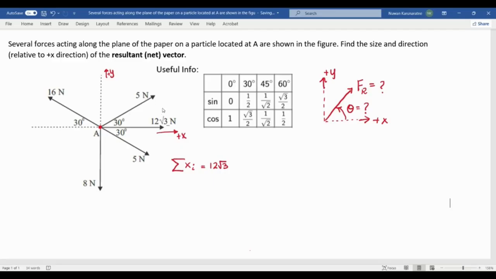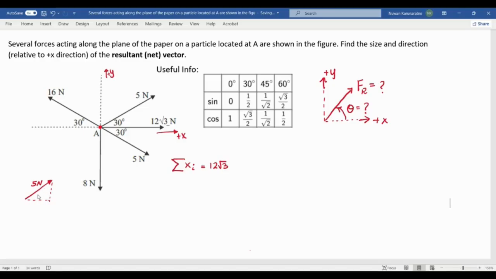So how do we find the x and the y components for these 5 newtons? So I'll show it over here on this side. So let's say that we have that 5 newtons. I'm going to create a right angle triangle where that 5 Newton force is the hypotenuse.